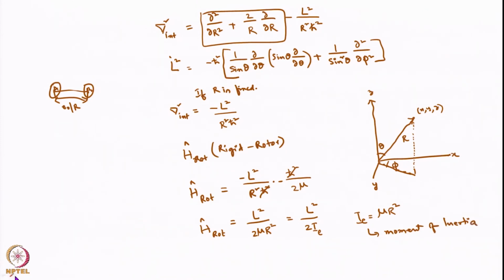So, at the end what I have is my H rotational is equal to L square by 2 mu r e square. Why am I writing r e or r? Because I am looking at the equilibrium distance.